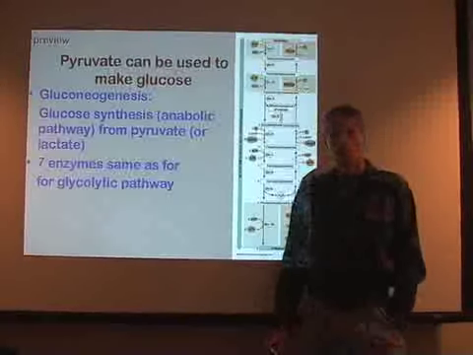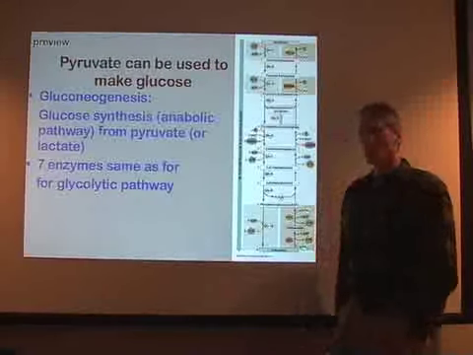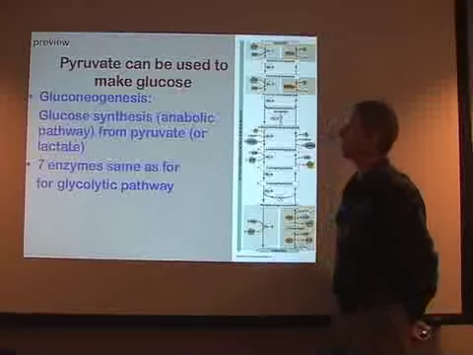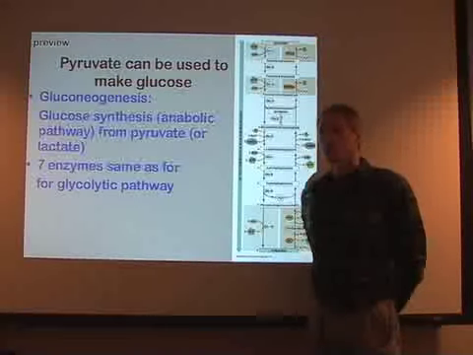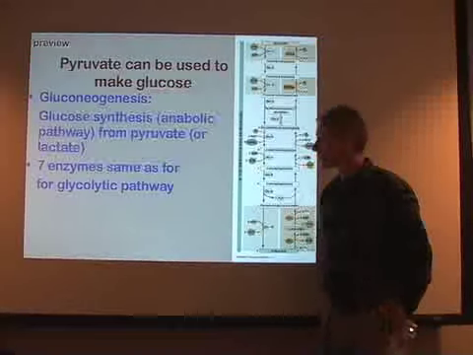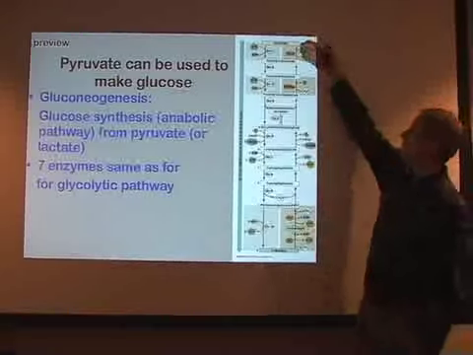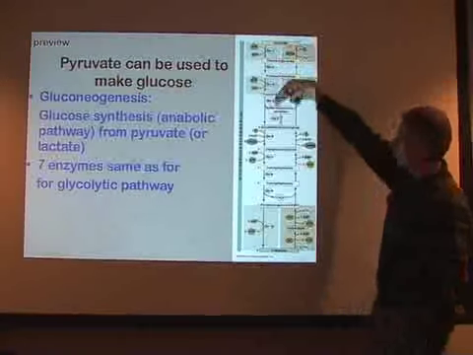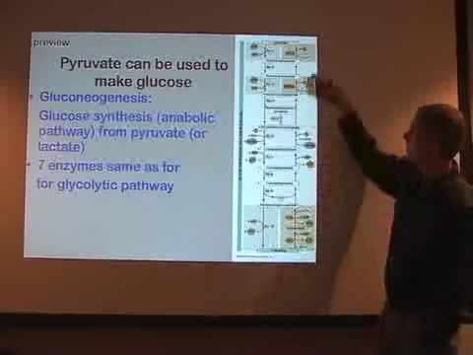Pyruvate can also be made into glucose in the liver, and that's called gluconeogenesis, the making of new glucose. And that's essentially glycolysis going backwards. So glucose to pyruvate is going down in this diagram, and all these intermediate steps generate energy. Pyruvate can be made into glucose. It requires energy.